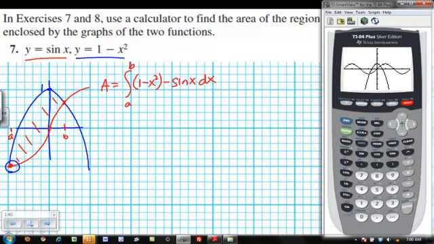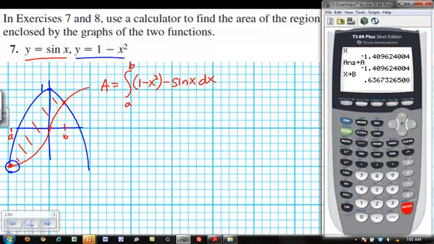So again, I'm going to do second calc, find intersection, first curve, second curve, and I'm going to guess at 0.5 just so I can get to the right intersection point. And there is my b value at 0.636 and so on. Let me get out of the graphing mode and take that value and store it into b.